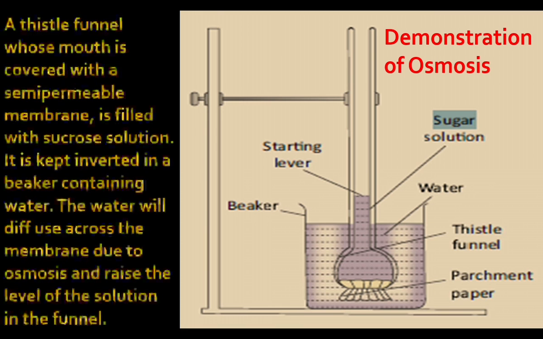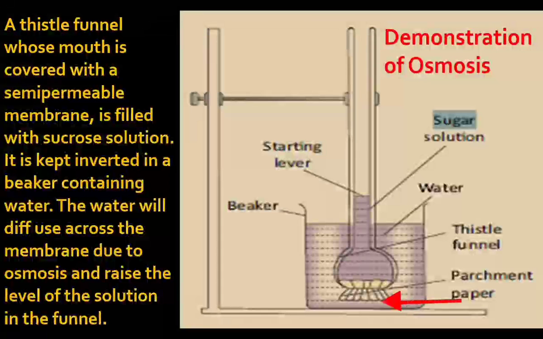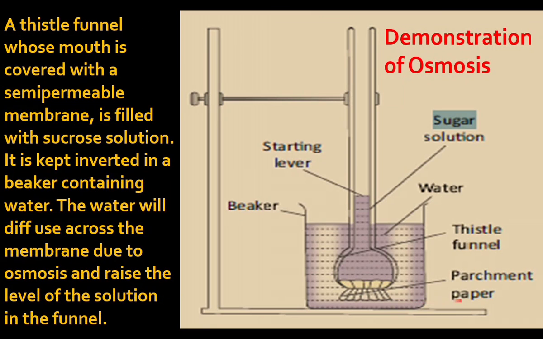The mouth of the thistle funnel is covered by a semi-permeable membrane. What is inside the thistle funnel? Sugar solution is inside the thistle funnel. What is taken inside the beaker? Pure water is taken inside the beaker.